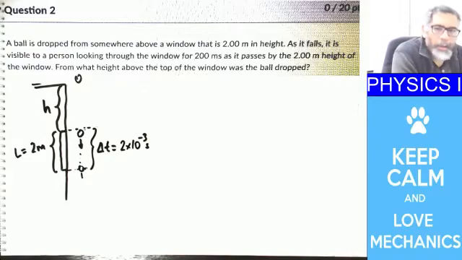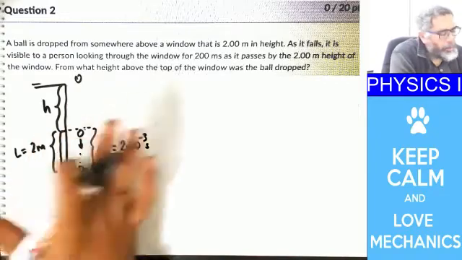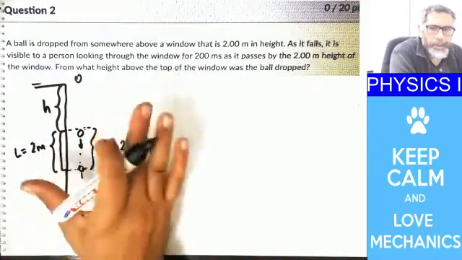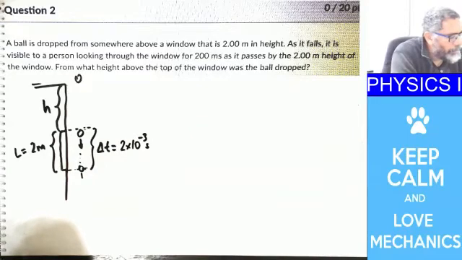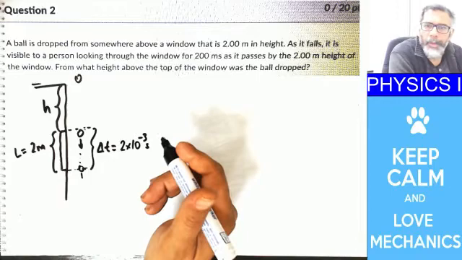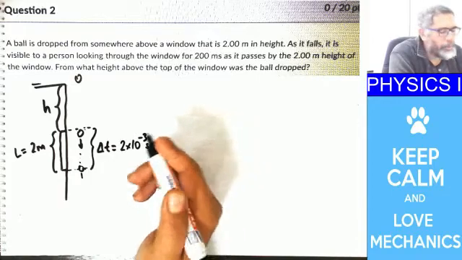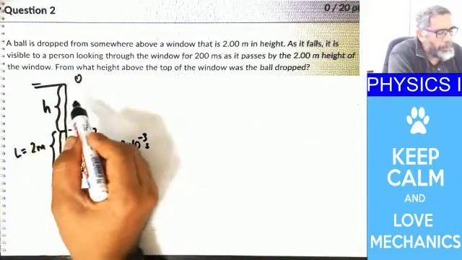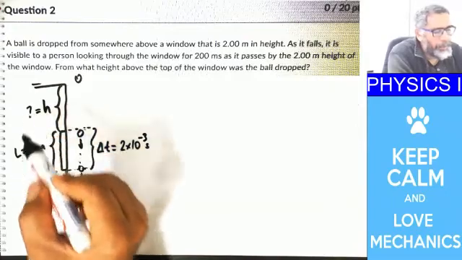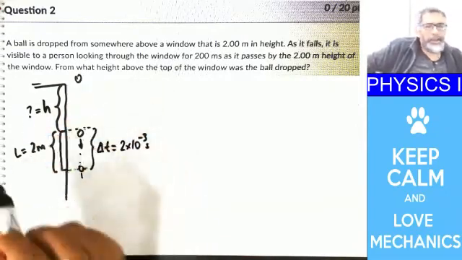Okay, so this is the picture of the problem. If you just draw a picture, then half of the solution is done. So the question is, from what height above the top of the window was the ball dropped? That means, what is this h? So this is the problem.